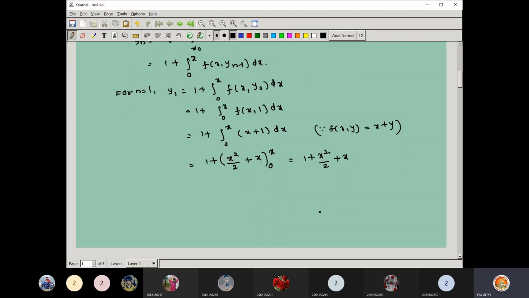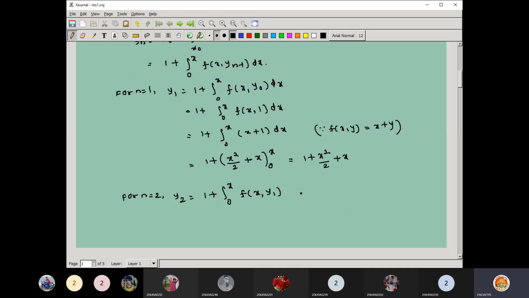But better you try to find out one more approximate solution also. So there I am substituting n equal to 2 so that you are getting y2 equal to, in the last expression, 1 plus integral over 0 to x f of x comma y1, dx, for n equal to 2.